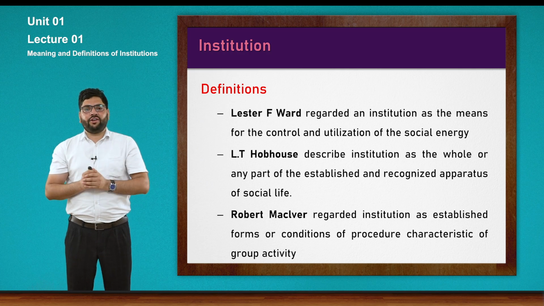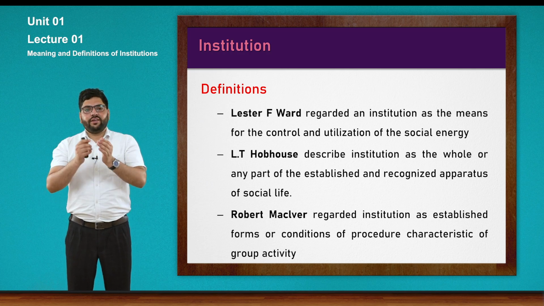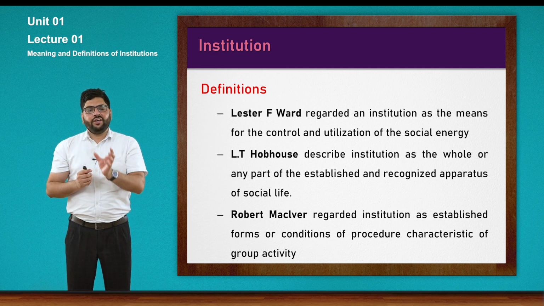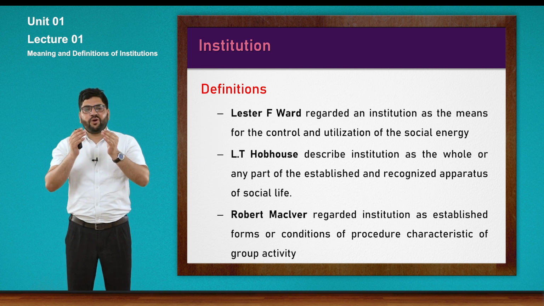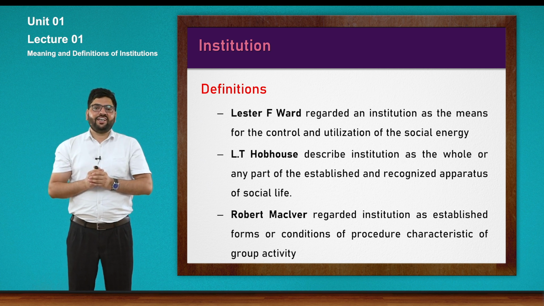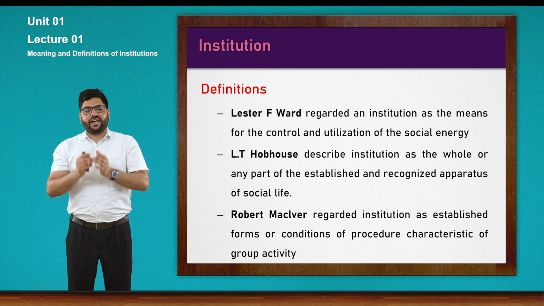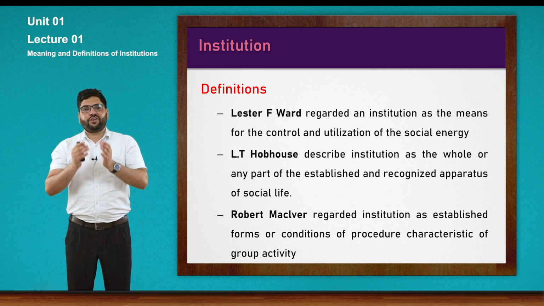Let's have a look at another definition by another philosopher, L.T. Hobhouse. He describes it as the whole, or any part, of the established and recognized apparatus of social life.